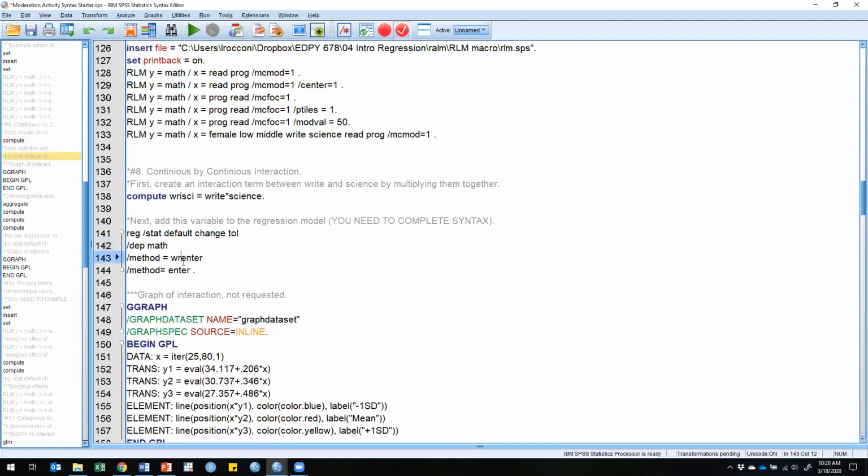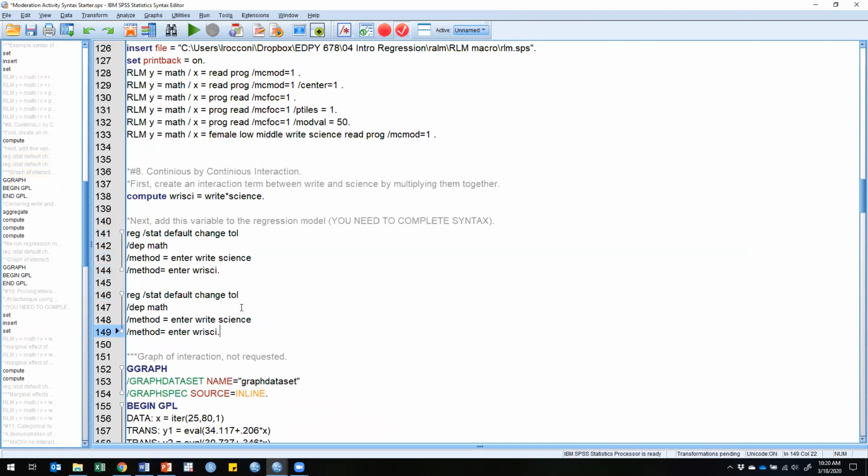We have write, science, and then the interaction. In this case, I'm going to show you this. It's not going to matter. I don't really have to enter them in 2 blocks, since it's only one interaction effect.